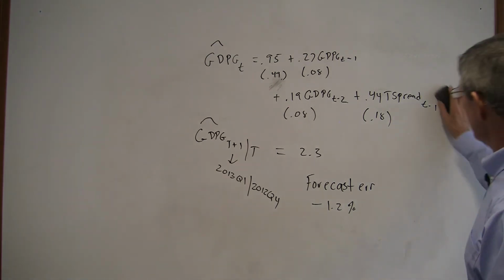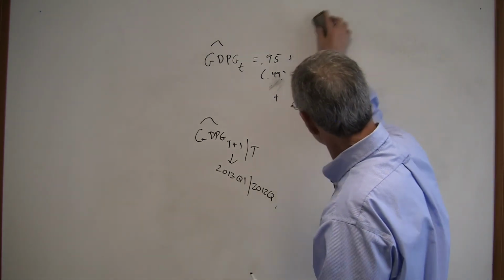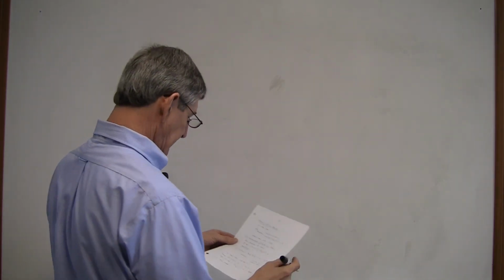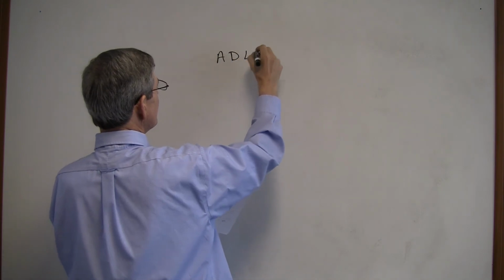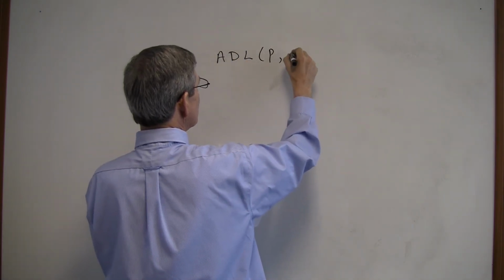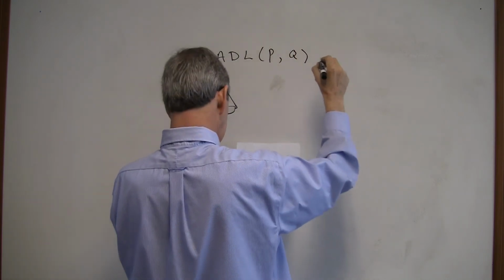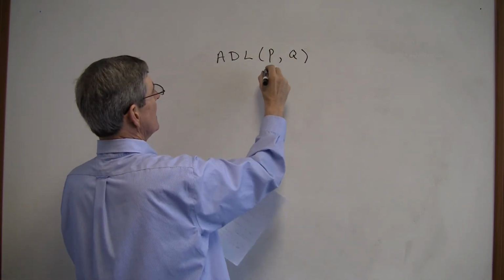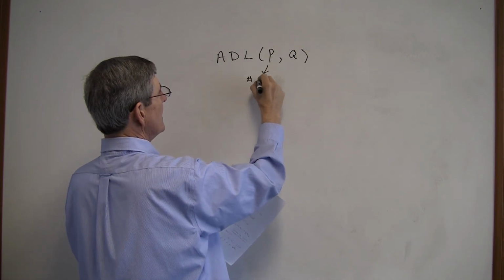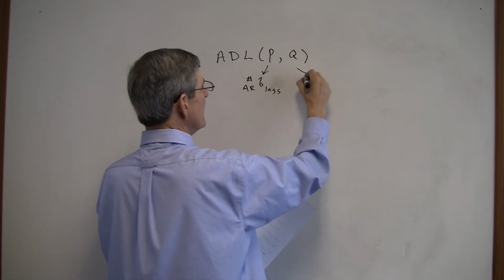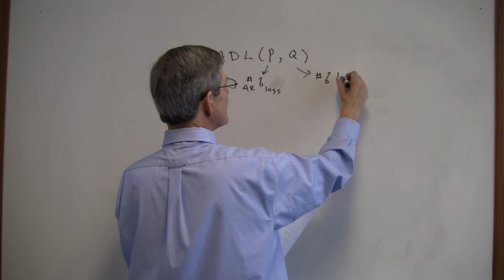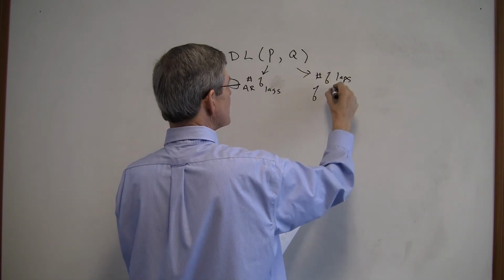So the general form of these models, the autoregressive distributed lag model, ADL(p,q), that's probably a lowercase q in the book. This is the number of AR lags, the number of lags of the dependent variable, and this is the number of lags of x.